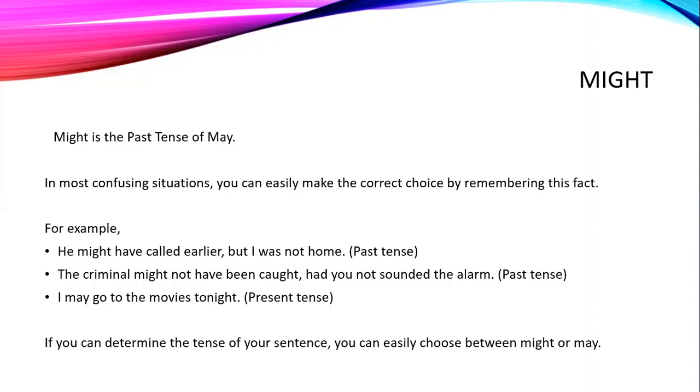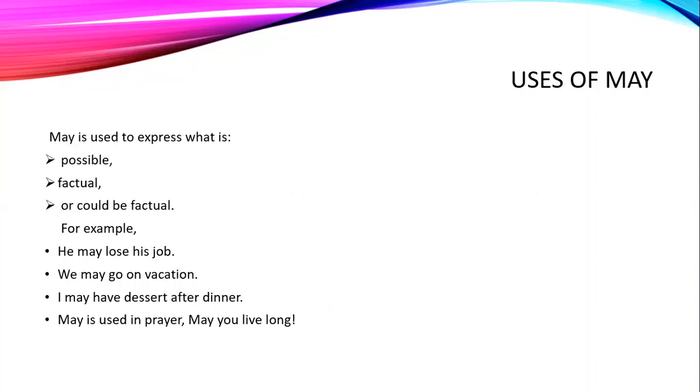That is, we use these modal verbs might, should, would, could in sentences where we want to convey the sense of may, shall, will, can in the past. Got it? May is the present tense of might, and might is the past tense of may.